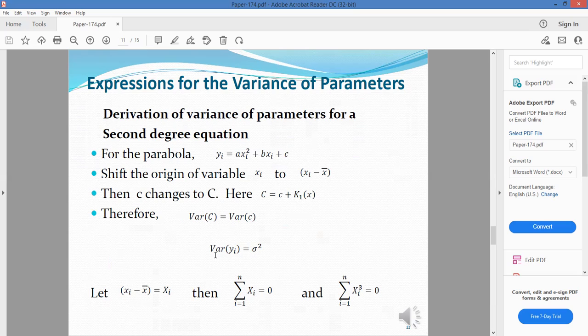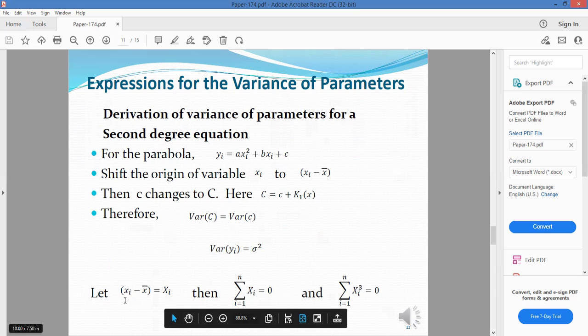The yi are the set of values given to us, and xi also are the set of values available to us. For the available values of xi and yi, we have to fit a new model in the form of a parabola or second degree curve. During the fitting, we also make use of certain conventions.